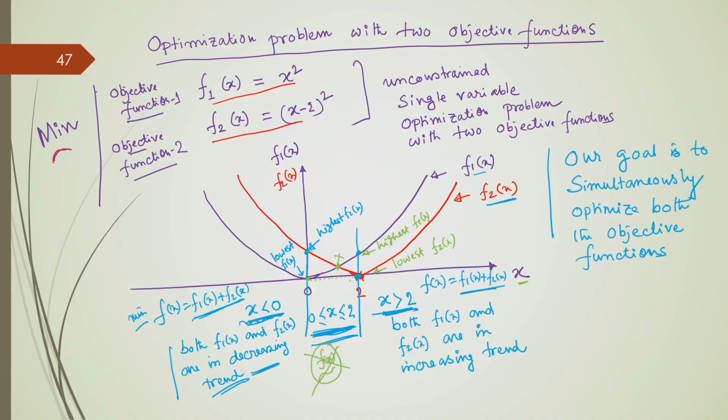Okay. And suppose you do not have any preference prior to this optimization, that I would prefer one particular objective over the other, then you cannot decide which one should be the best solution among these two, and that is the goal of multi objective optimization.